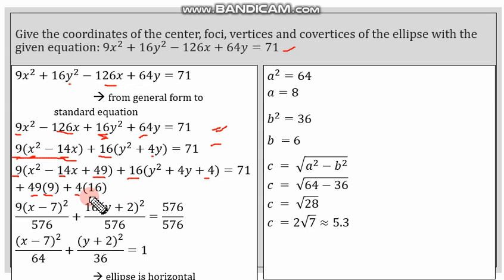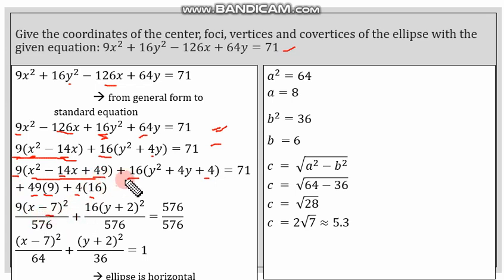So since our x group, x squared minus 14x plus 49, is a perfect square trinomial, we can get its factor by dividing the coefficient of x by 2. So 14 divided by 2 is 7. So that's x minus 7. Carry the 9. 9 times the quantity of x minus 7 squared.